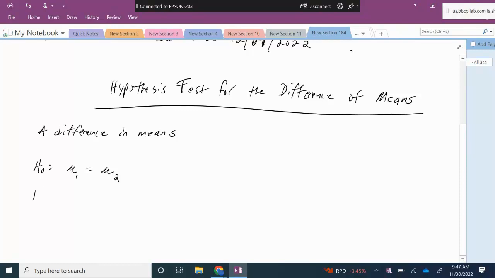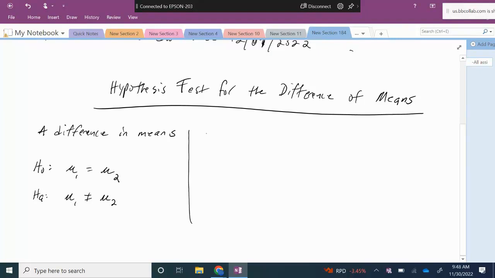If you're reading through the problem, and it says that you're testing if the mean GPA for the night students is different than the mean GPA for the day students, the alternative hypothesis is that mean 1 is not equal to mean 2. So this is the equal to bar with the slash, meaning not equal to. The first mean is not equal to the second mean, and that hypothesis test is for a difference of means.